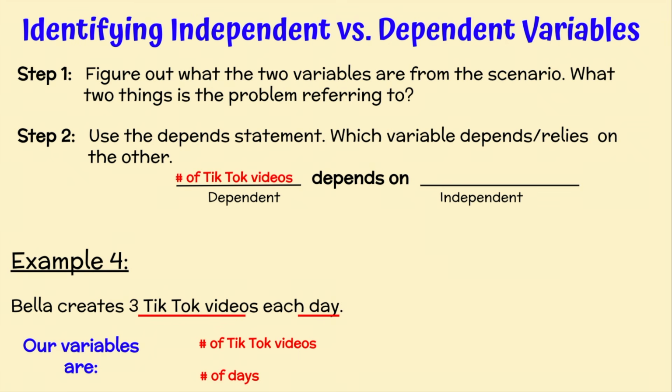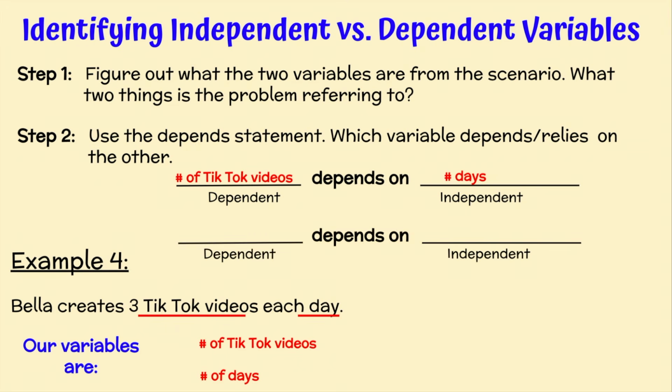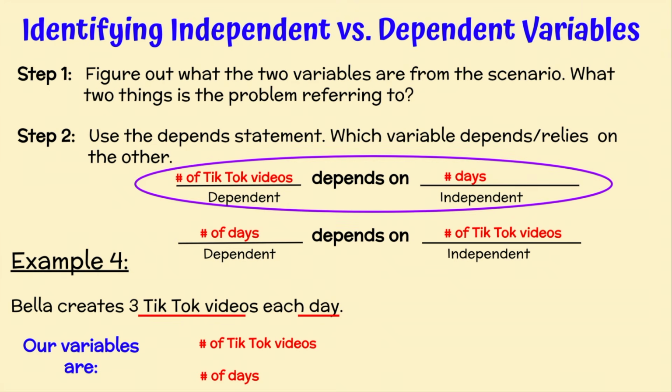Do the number of TikTok videos depend on the number of days? Or do the number of days depend on the number of TikTok videos? Right, the number of TikTok videos depends on the number of days. So remember, y depends on x. So our x is the number of days, and the y is the TikTok videos.